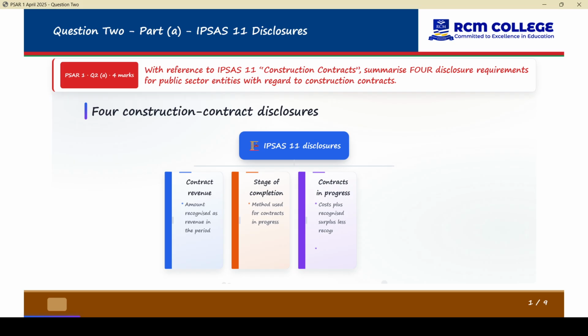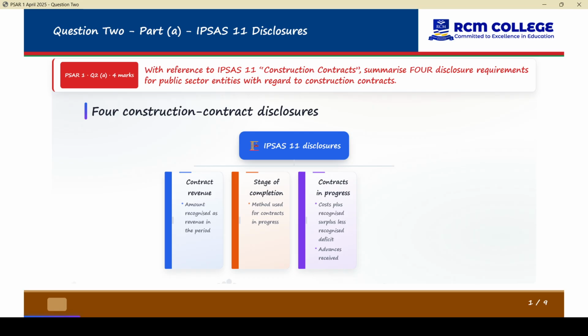And third, you talk about contracts in progress. When you talk about contracts in progress, it is cost plus recognized surplus less recognized deficit, or any advances received. So you disclose the aggregate cost incurred plus recognized surplus less recognized deficit, together with any advances received.